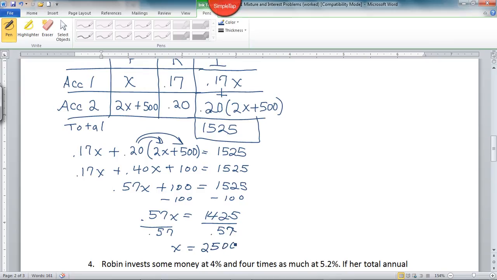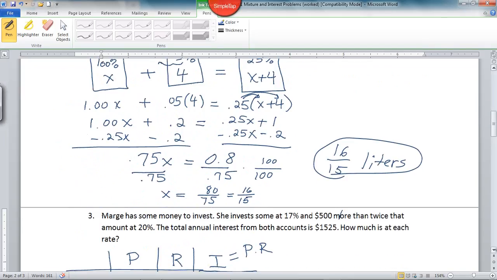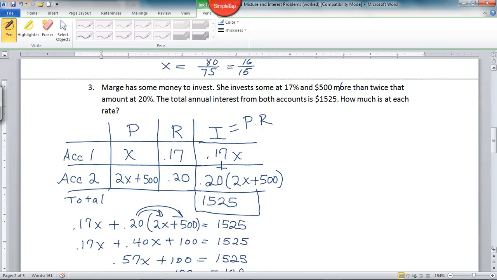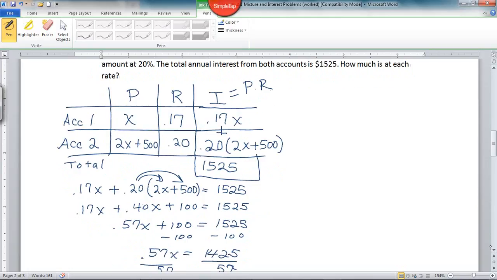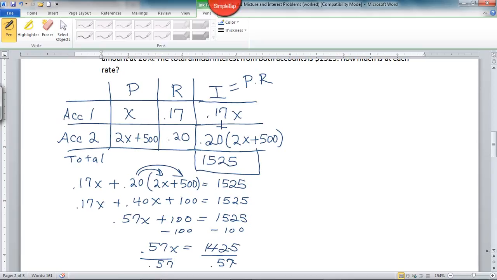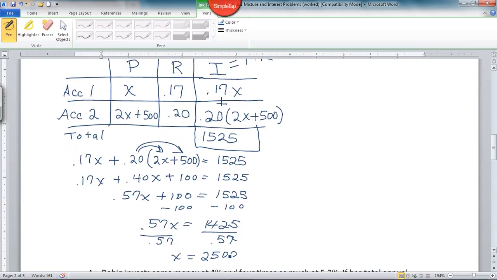X is 2500. Now, this is a good example of one where you better be sure you answer the question. Original question was how much was at each rate? Well, the x amount that we found, the 2500, is the principal for the 17%. So that 2500 we have down here, that's 2500 at 17%.